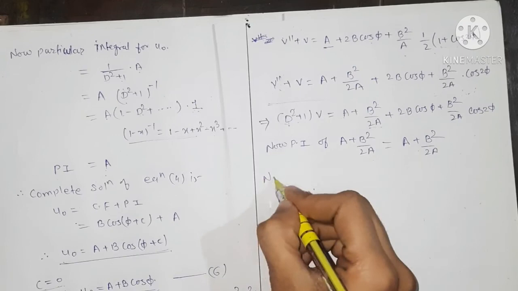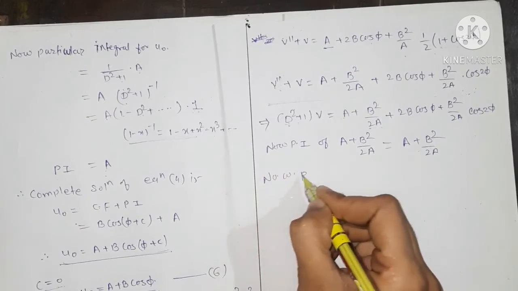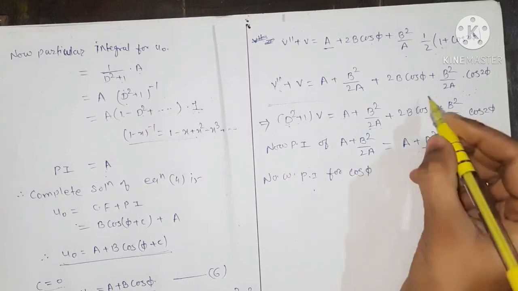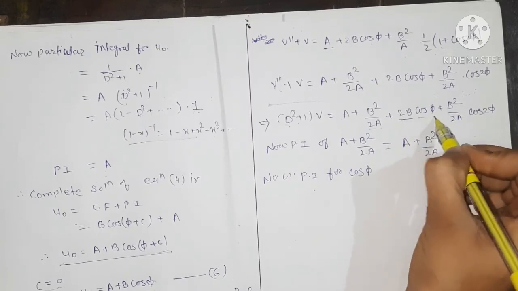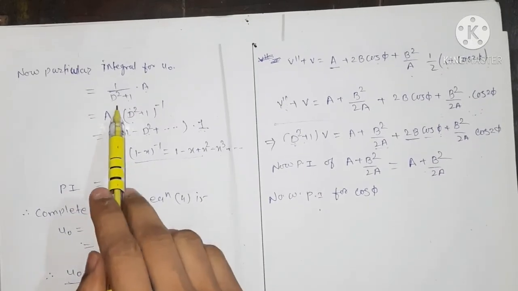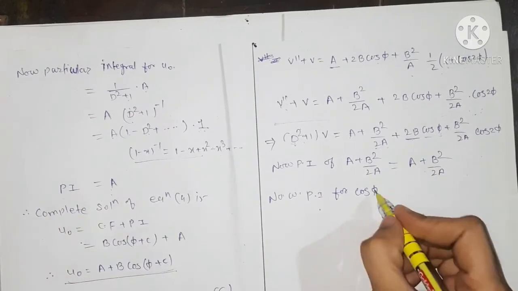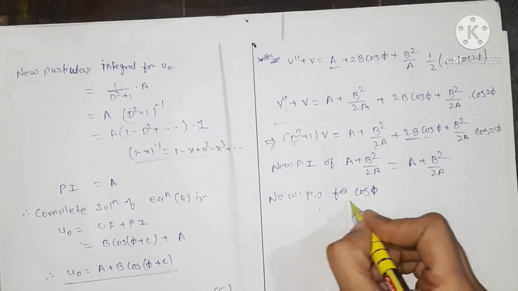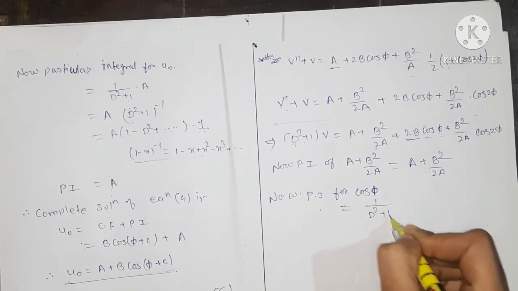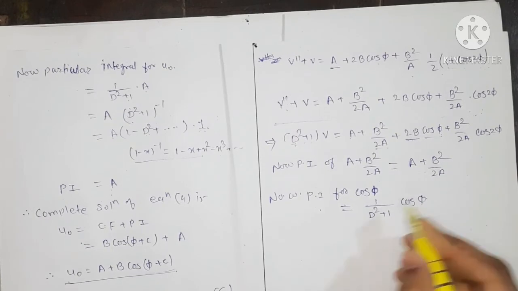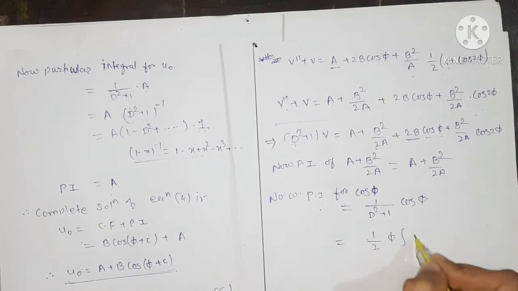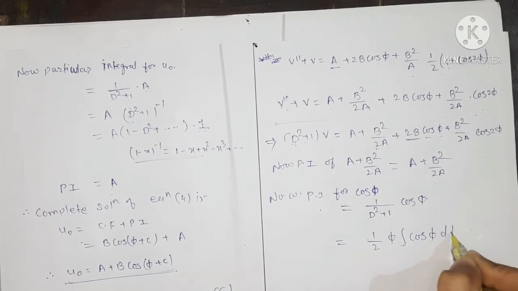Now the particular integral for cos phi, because this is a constant multiplied by cos phi, so the constant can be taken out of the particular integral as we do here. Right. So this is equal to 1 upon d square plus 1 cos of phi, and this is equal to 1 upon 2 phi integral of cos phi d phi.